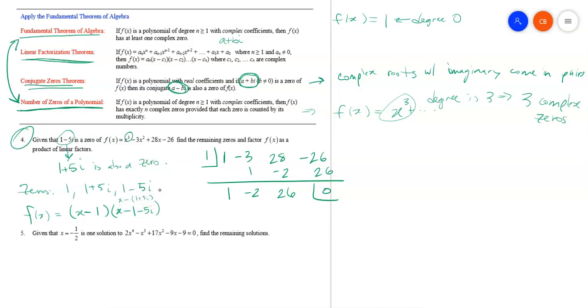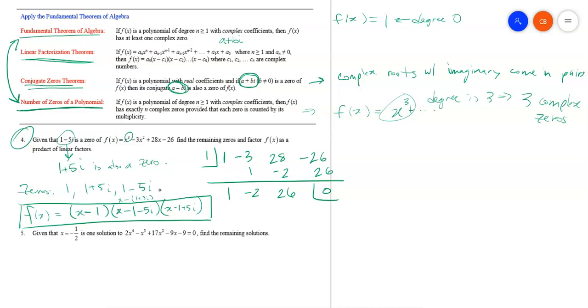And then the same deal here. We're going to do x minus this thing, so we'll go minus 1 and then plus 5i. So x minus 1 plus 5i. This is that function as a product of linear factors.